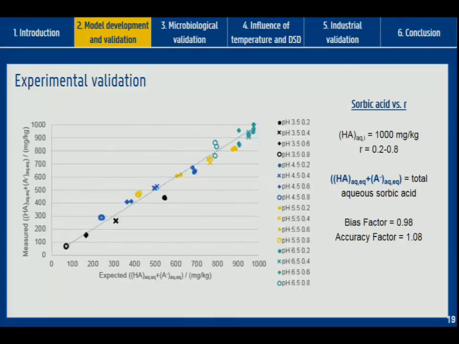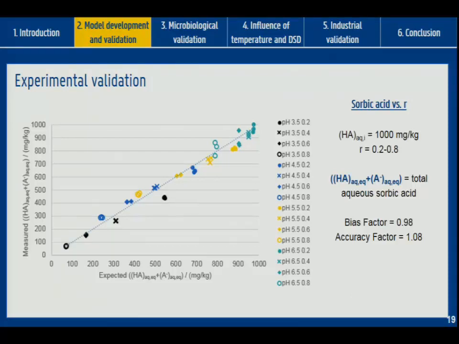Now, for the sorbic acid distribution dependency on the mass fraction of lipid phase, again, we have an expected versus measured graph. Again, we have a dashed line, which is the ideal case scenario. And our black dots are dots at pH 3.5 with different fractions of lipid phase. The blue dots are the data points at pH 4.5.